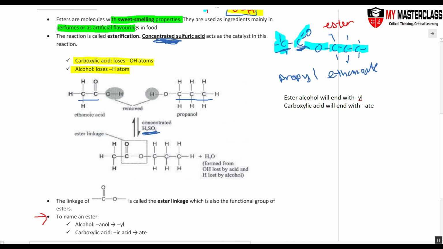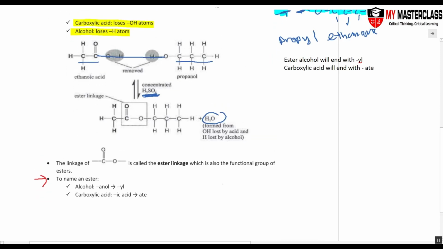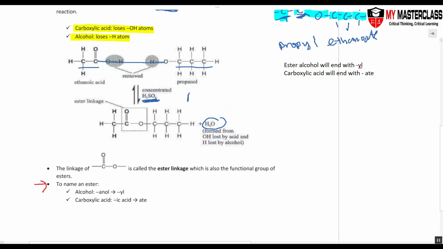Write your conditions on the arrow, and esterification is a reversible reaction. You remove this, join both of them up together, so C is joined to O, and water is formed as your byproduct. Likewise, this one will be known as propyl, because the alcohol should end with YL, and the carboxylic acid will give the salt, the ATE: propyl ethanoate.